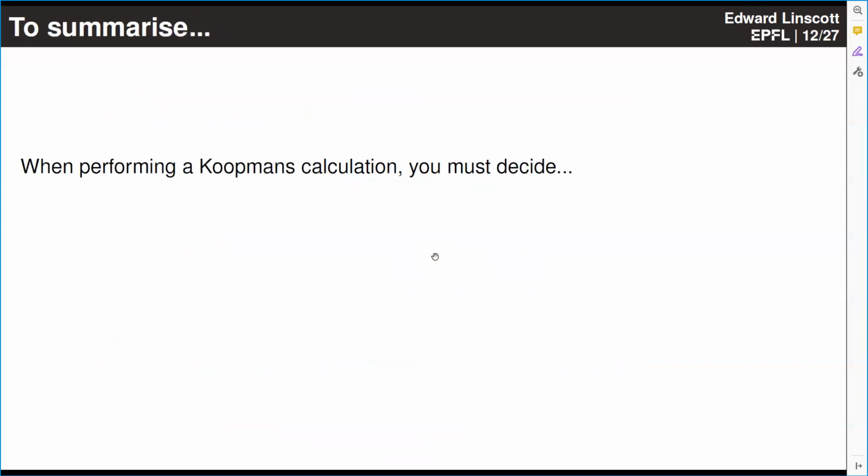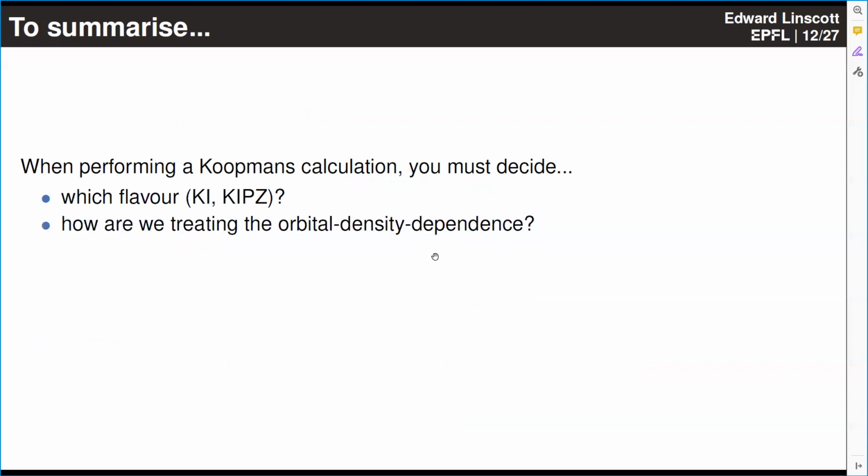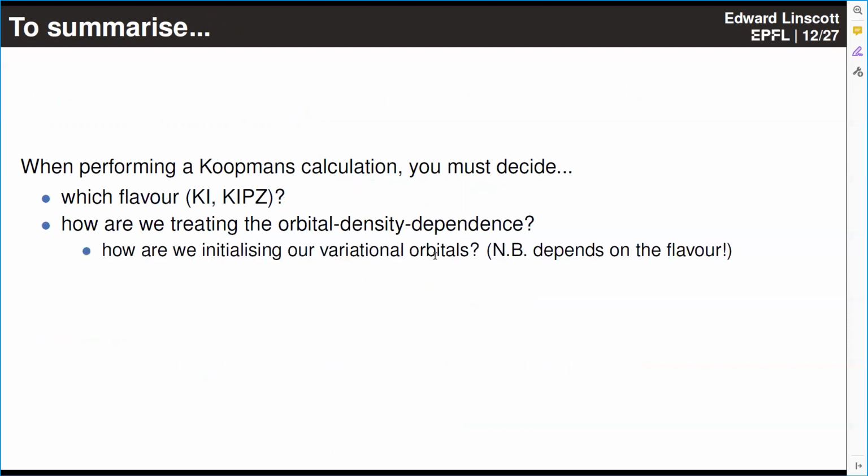Okay, so just to summarize, when performing a Koopmans calculation, these are the different factors that we need to think about, and these are the things that shape the calculation that one has to do. So you need to be aware of the flavor of calculation that you're performing. You need to think about how we're treating the orbital density dependence, and specifically how we're initializing our variational orbitals.